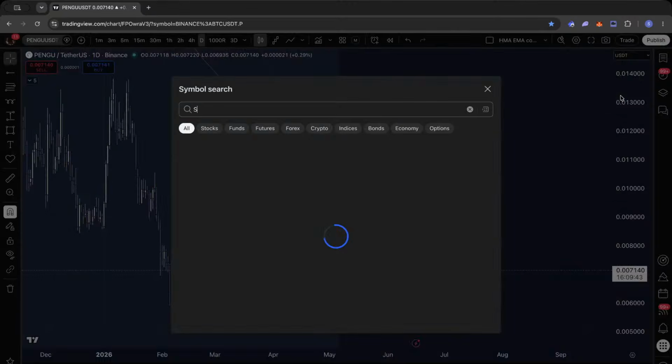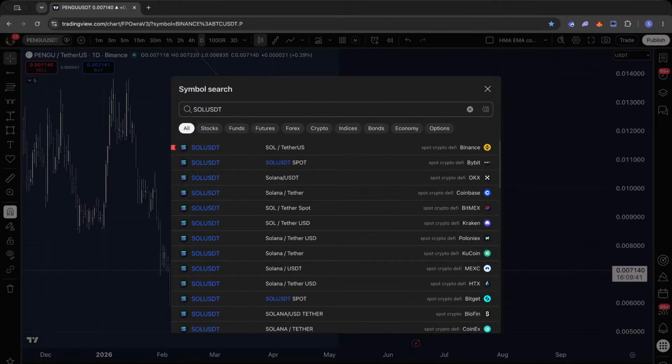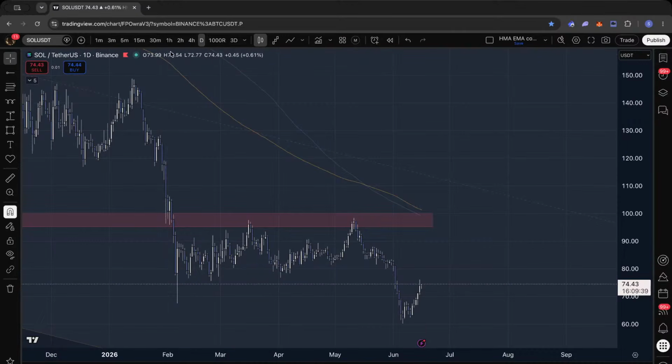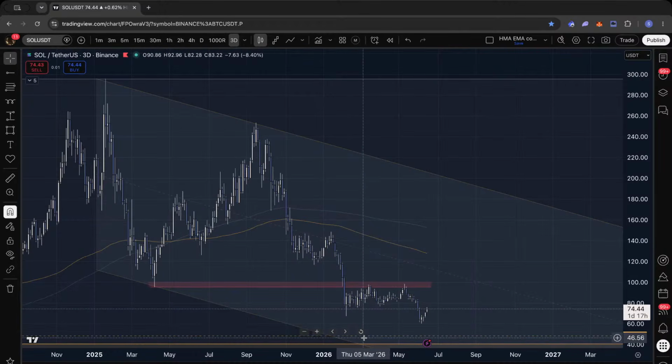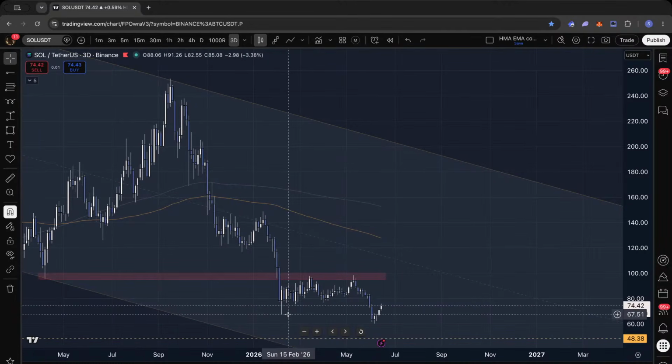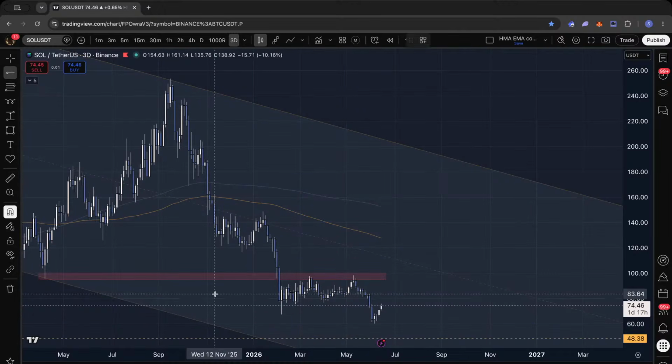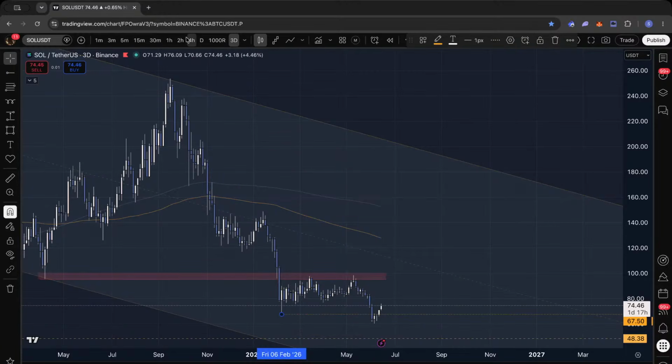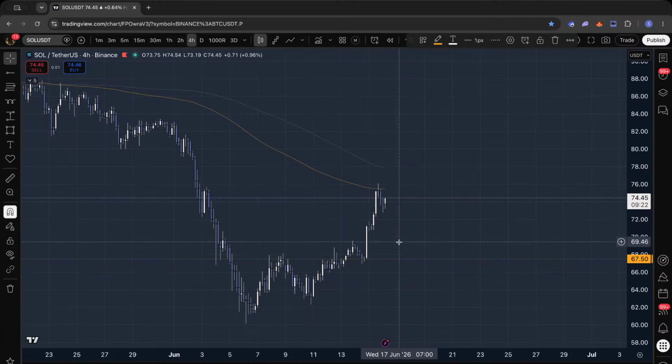Solana. Oh, Solana, it's a coin that we can play with, but yeah, we have exactly the same structure like we have on Ethereum. That big swing failure, reclaim of the range lows. There is a good probability that if we go back and retest this area, I might look for a long here, because we have the breakout confirmation now.